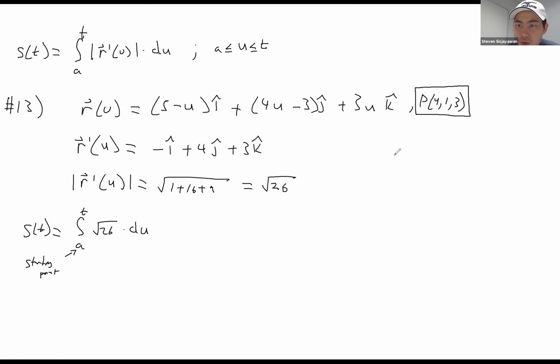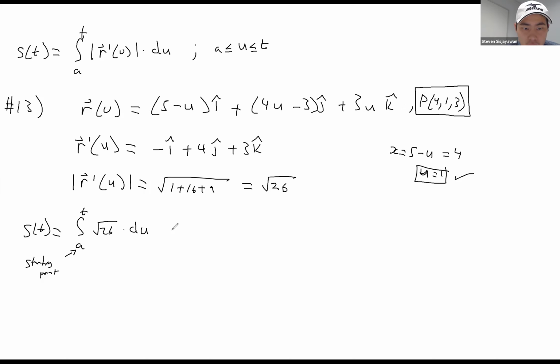We can say that the x component, which is 5 minus u, has to be equal to 4, right? And since 5 minus u is equal to 4, u has to be equal to 1. We can verify that with the y: if we plug in u equal to 1, we get 4 minus 3, which is 1. And plugging in u as 1, we get 3 times 1, which is 3. So that actually works out.